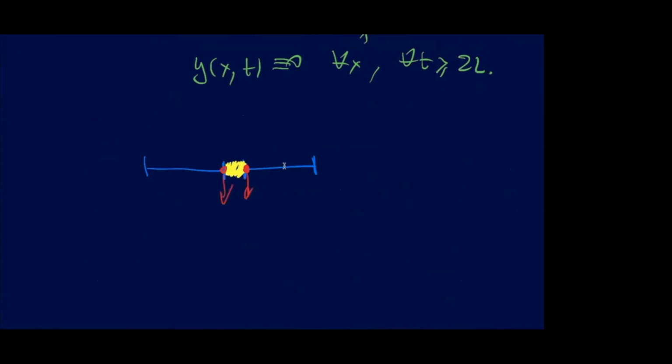So the damping here in the yellow segment produces that waves coming from the left to the right, when getting to the set small omega where the damping is effective, will nearly die.